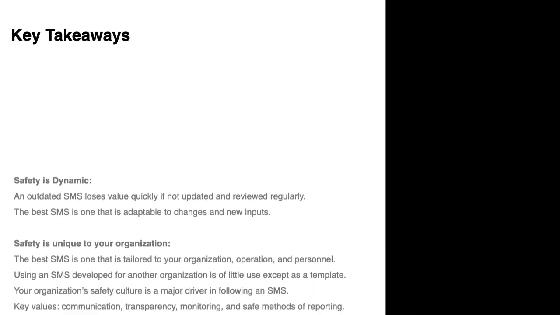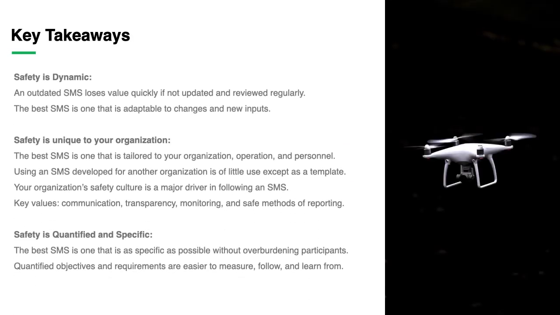So to sum up, safety is very dynamic. An outdated SMS will lose value, and the best ones are adaptable to changes and new inputs. Your safety is unique to your organization, and the best safety processes are ones that are tailored to your organization, the operations that you do, and the personnel that you have.